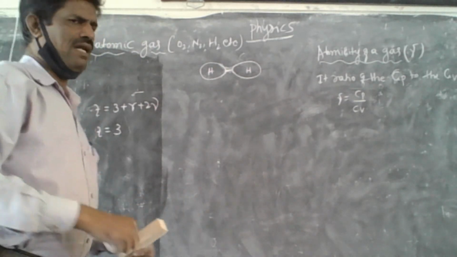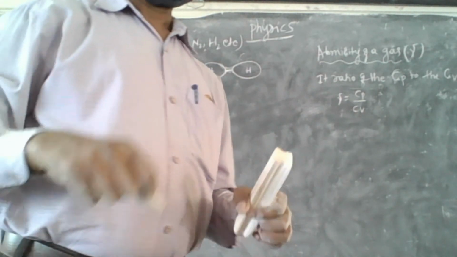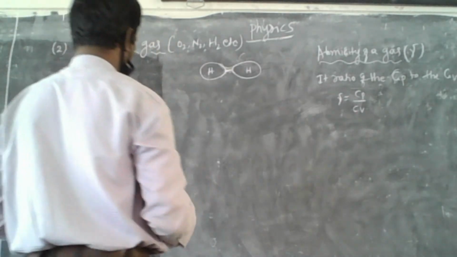So it is like a dumbbell shape. The shape of the diatomic molecule is a dumbbell shape.